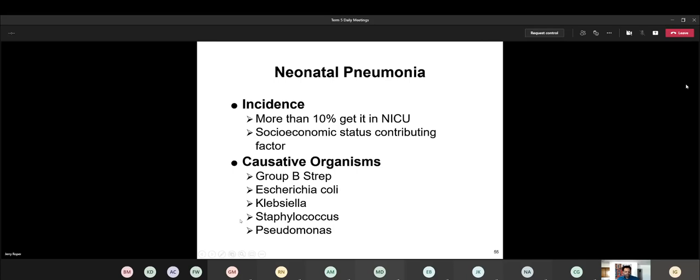Oh no, I take that back. If you identify group B strep, then you're going to be on the lookout for the baby possibly developing pneumonia. But there are some other things, of course, there's E. coli, there's staph, et cetera.